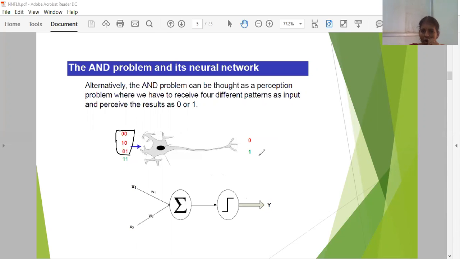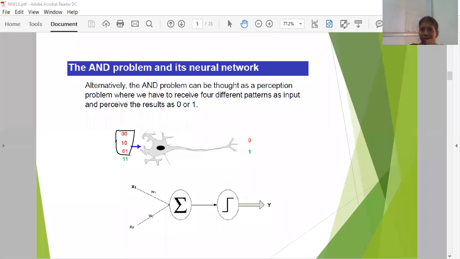So, how to model this simple AND problem using an artificial neural network with a single layer? First of all, let us consider x1, x2 as your inputs, w1, w2 are the weights, and your summing point, and you are considering a threshold value also.